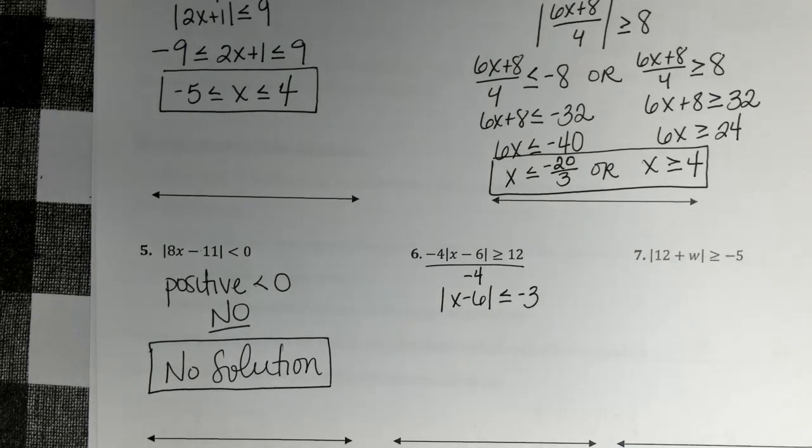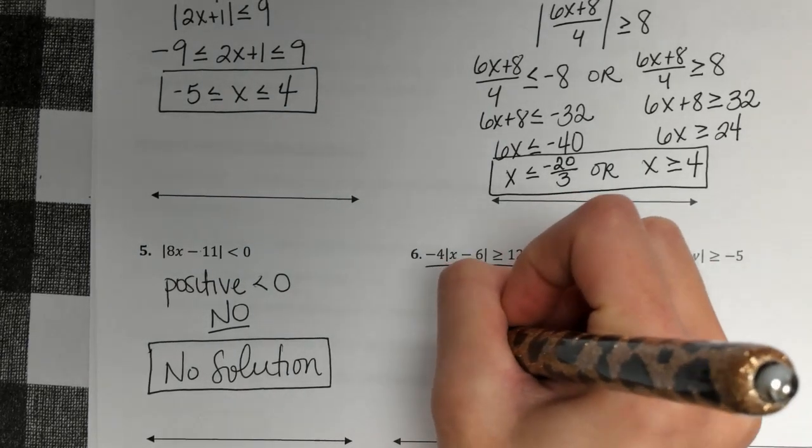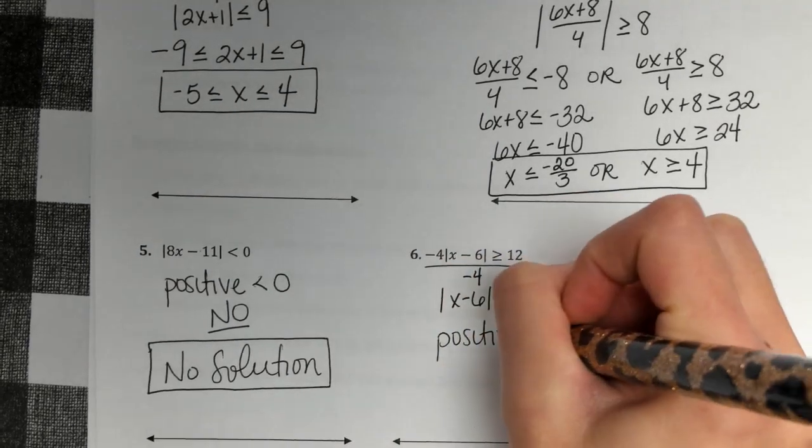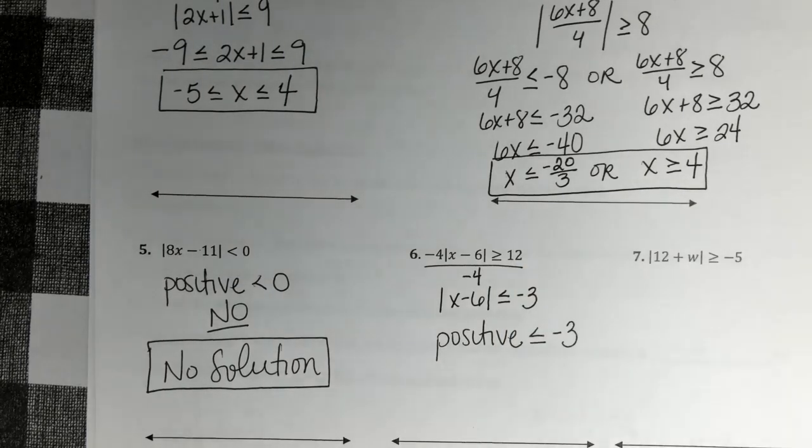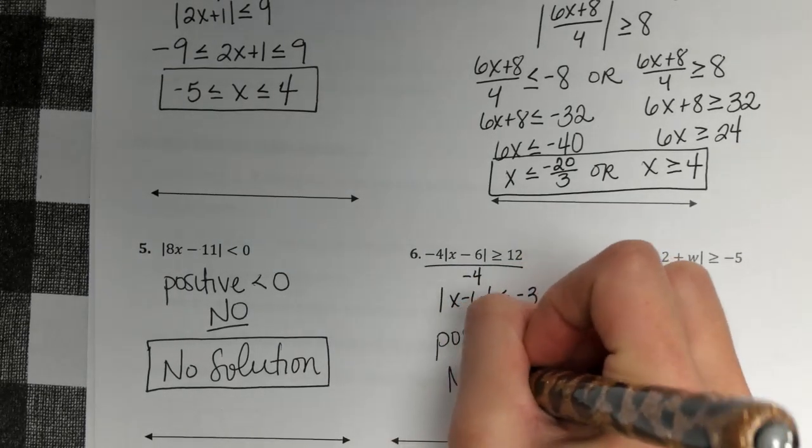What is that going to be? I have a positive less than or equal to a negative. Can that happen? No. So that's another no solution.